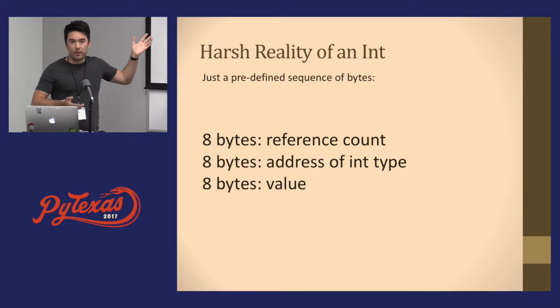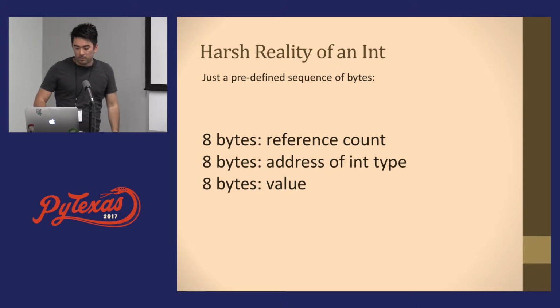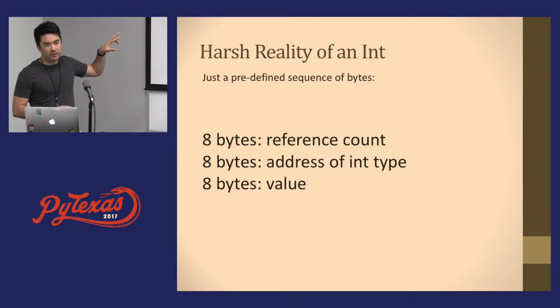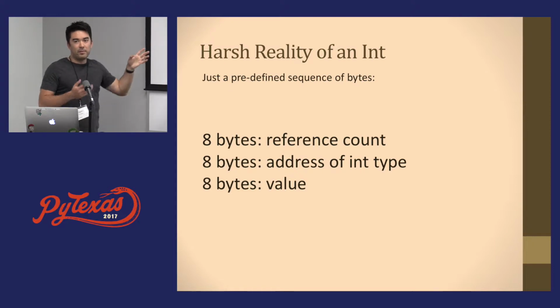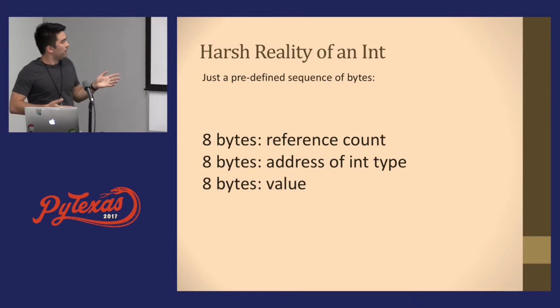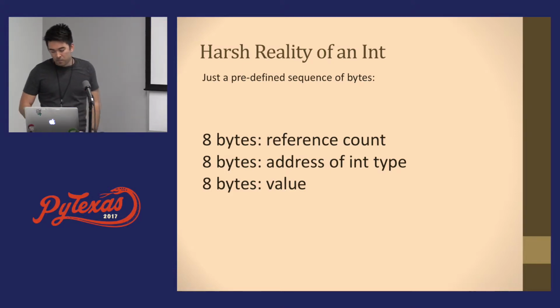It's kind of fun to break it open and just find that there's 3 moving parts here. The last 2 are pretty self-explanatory. So the value, obviously, that's going to be 50 or 500 in our case. The address of the integer type, that's going to be where in memory the type for this instance lives. And then the reference count is really the one that's worth talking about.